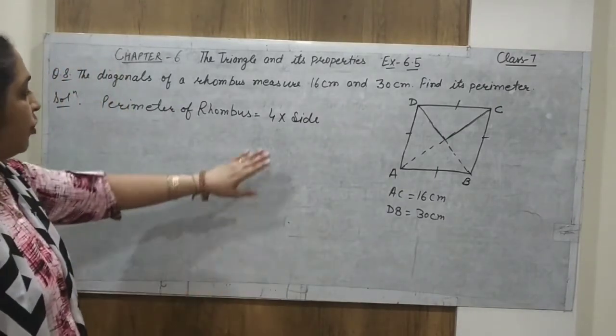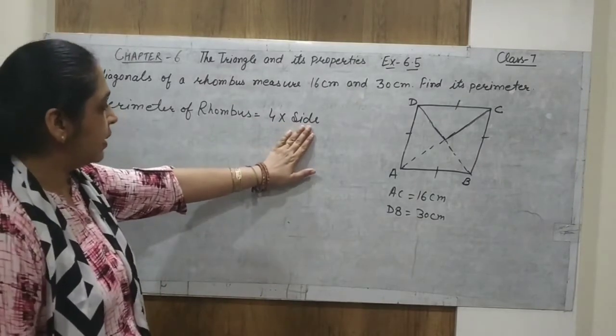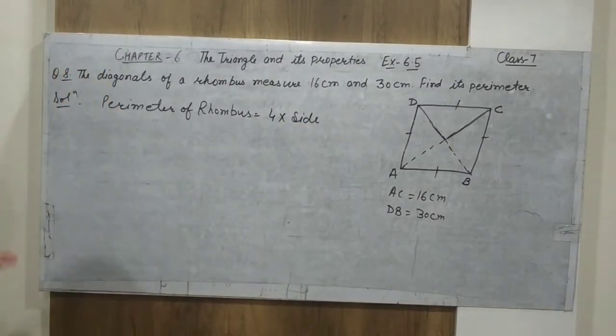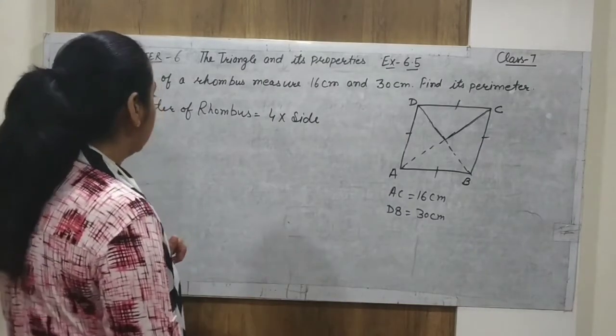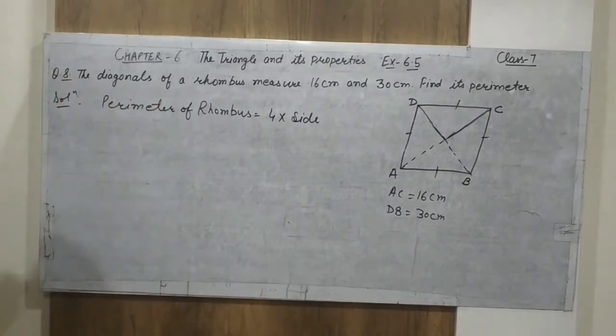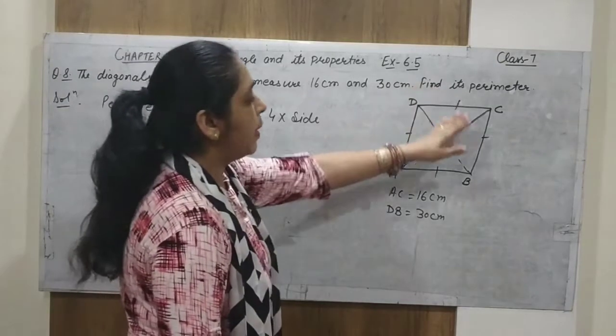Now, for finding perimeter, it is very clear that we require the side, not the diagonals. So how can we find out the side? We have been given only diagonals. Then how is it possible that we get the sides and we can find out the value of the perimeter?